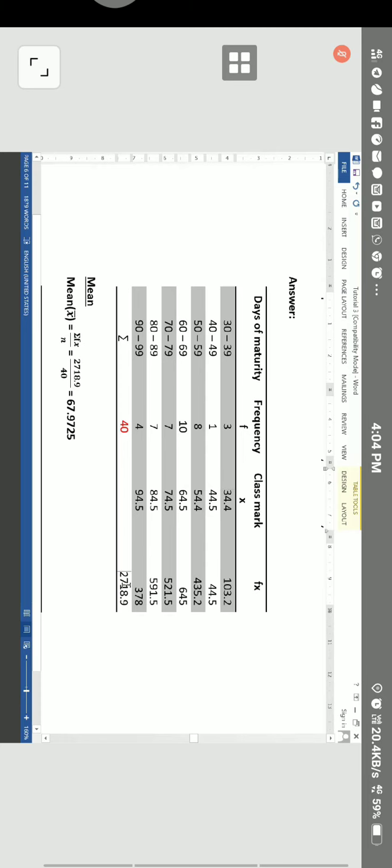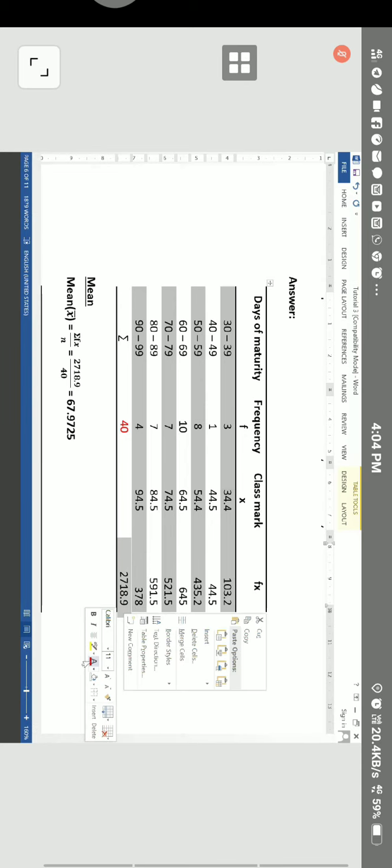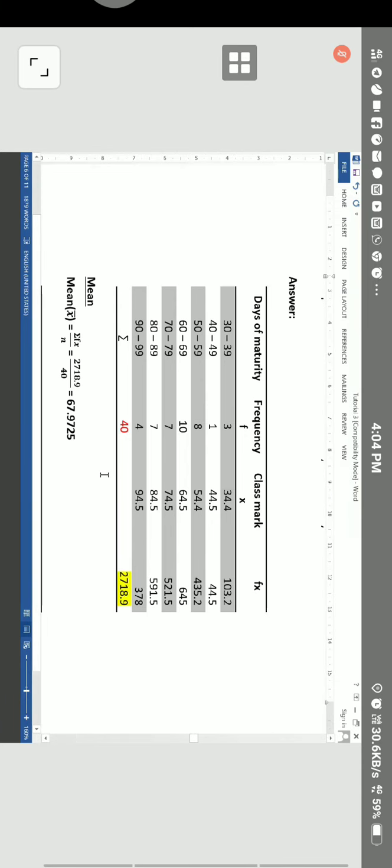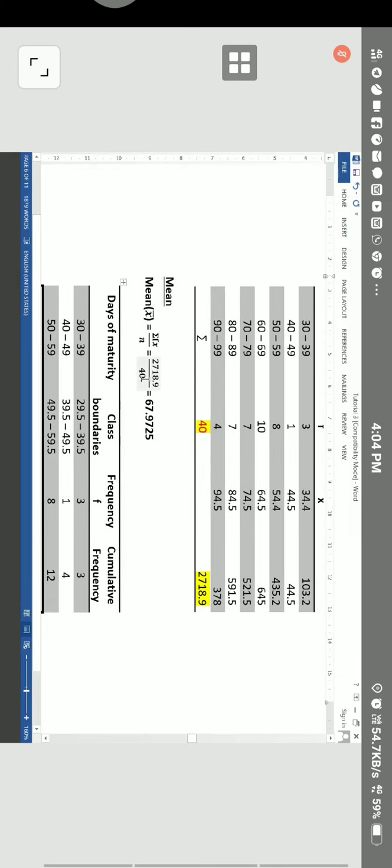You need these two items to slot into your formula. Be careful: the total fx above is divided by 40. So this is the mean of your data.